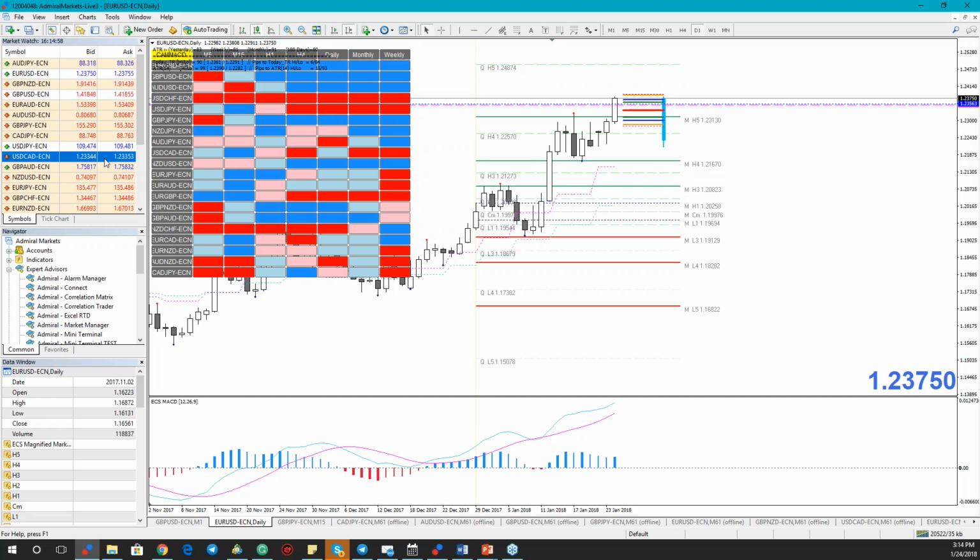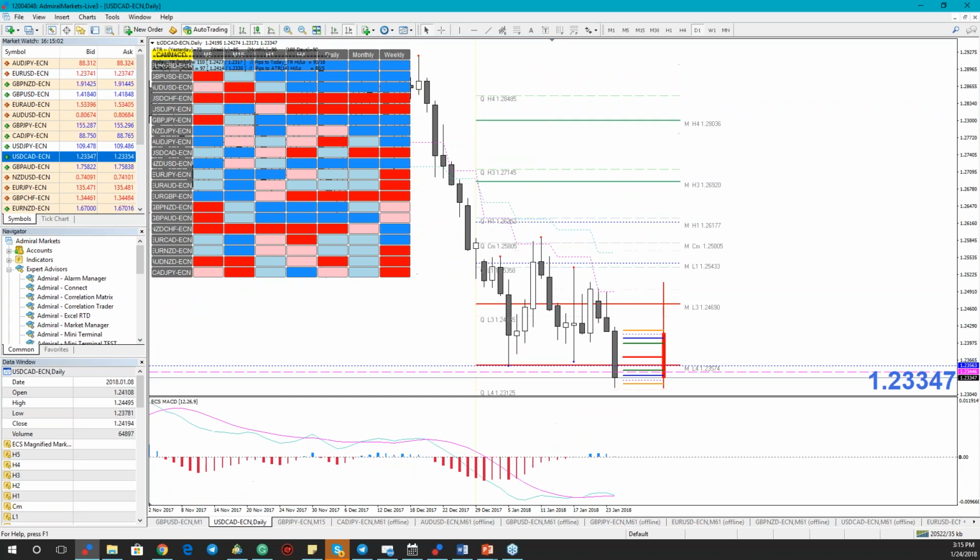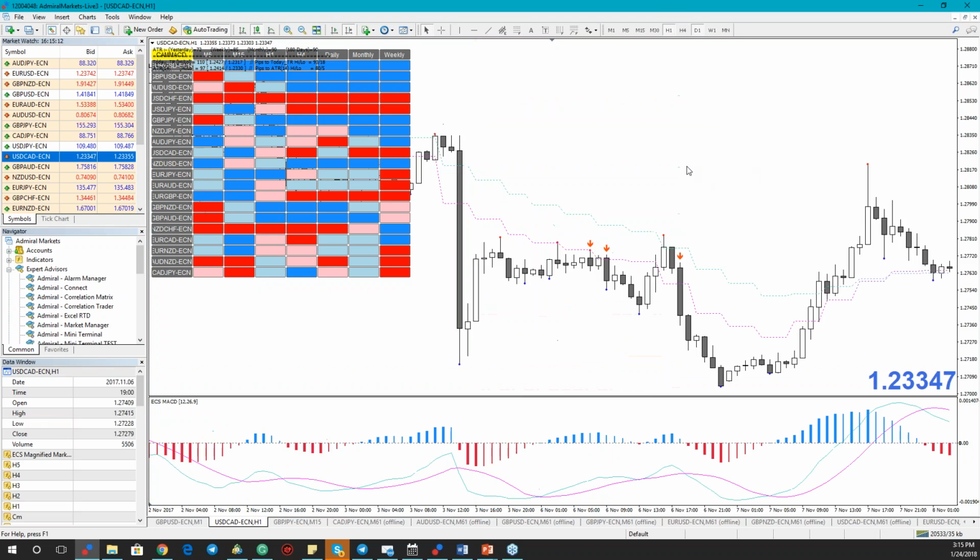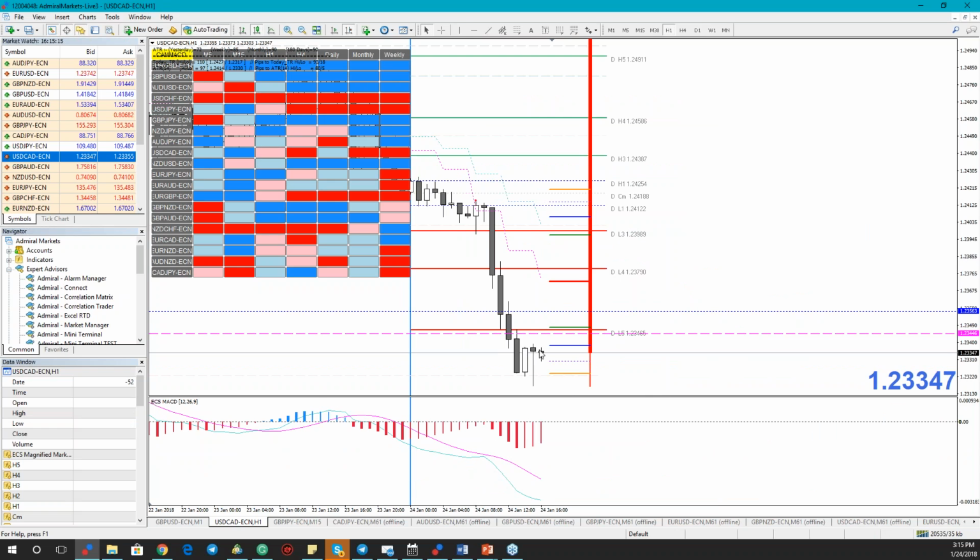Ignacio is asking about a sell on dollar CAD. I cannot sell it. My 15 pip profit has been done, and you see the price made 110 versus 97. And if you take a look at intraday levels, Ignacio, the price is at support. I'm not selling support.